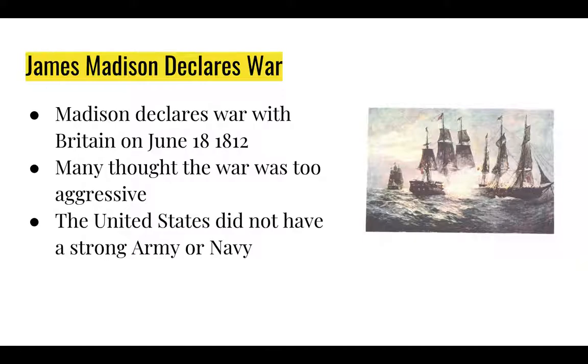Jefferson didn't like big government, and so he began to dismantle these war departments. This is a problem if you're going to war because you need an army and a navy. The British were famous for having the strongest navy in the world, and at this point, the American Navy was tiny and could not match the British Navy in terms of strength.